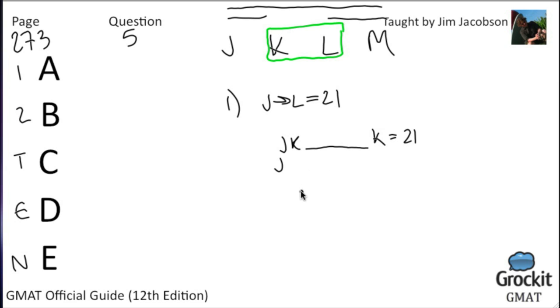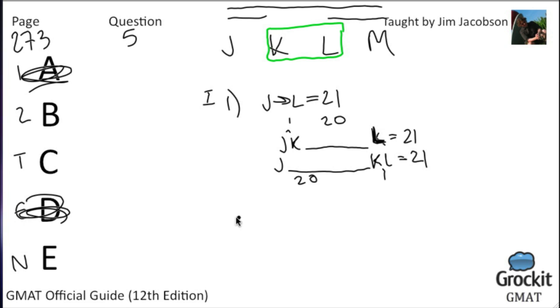Or it could be J and then KL equals 21, i.e. there could be just 1 there and 20 there, or 20 here and 1 there. We can't tell because we're given the distance between 2 points, and we don't know where an intermediate point is when we're given just that longer distance. So statement 1 on its own is insufficient. It's not A, and it's not D.